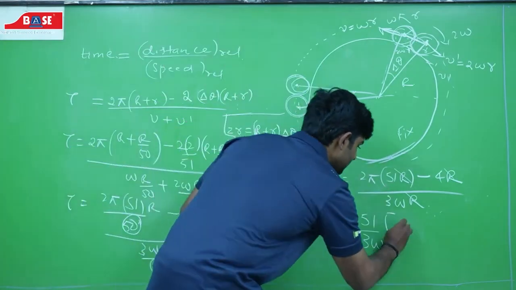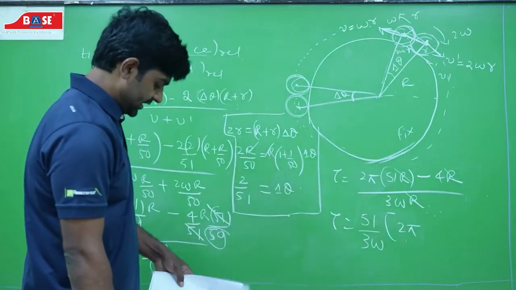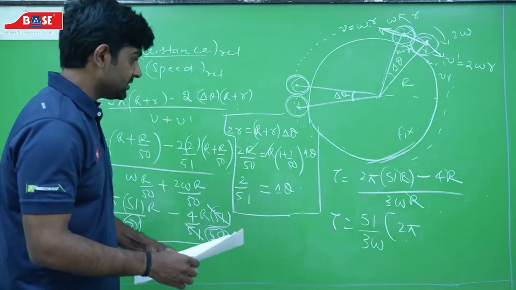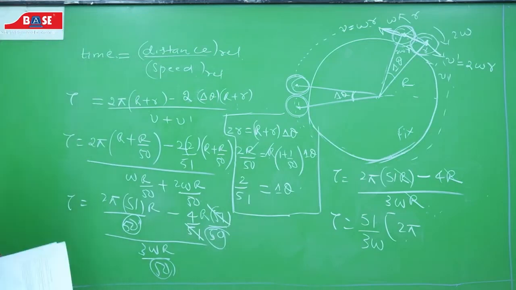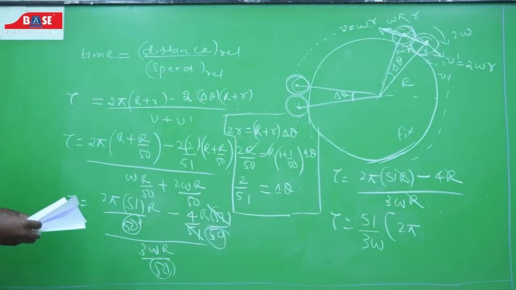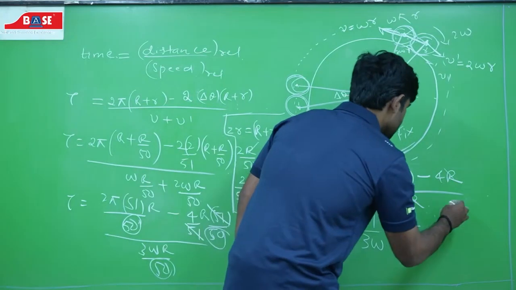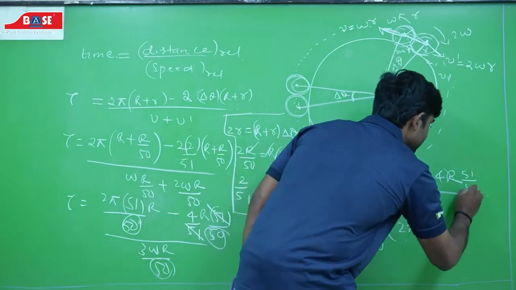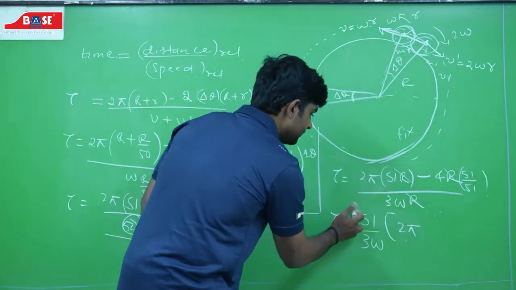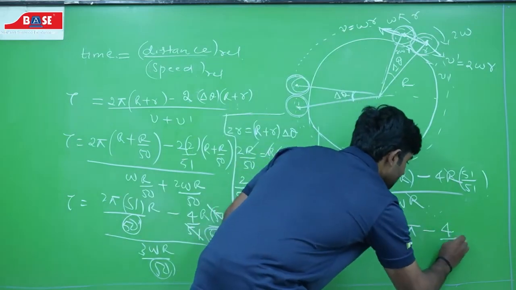So 2 pi will be there, and 3 omega I have taken outside, 51 I have taken outside, so 2 pi minus of 51 by 50. When we take 51 outside, I multiply by 51 here, divide by 51, okay? So I am taking 51 outside, so 2 pi we have here, minus 4 by 51.